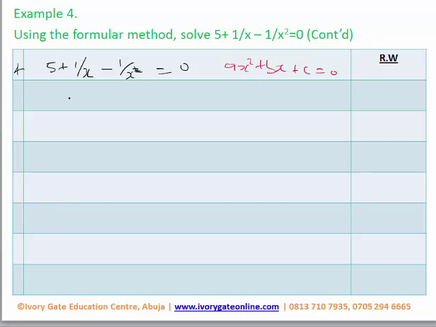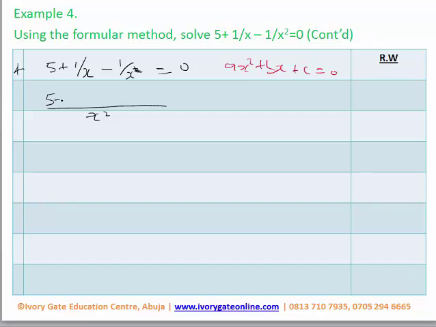So here, what do we do? We have to take the LCM. The LCM of the whole is x squared. So in this case, simplifying the left hand side, taking the LCM of x squared. The denominator here is 1, so x squared divided by 1 is x squared times this.